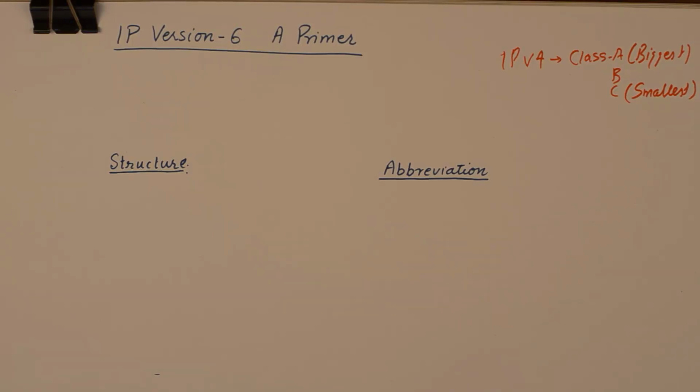Class A used to be the biggest in terms of hosting clients, and class C used to be the smallest with just 1 octet reserved for host IDs.